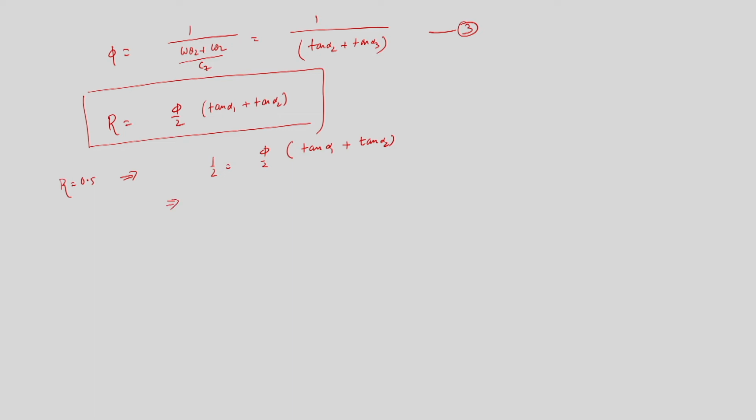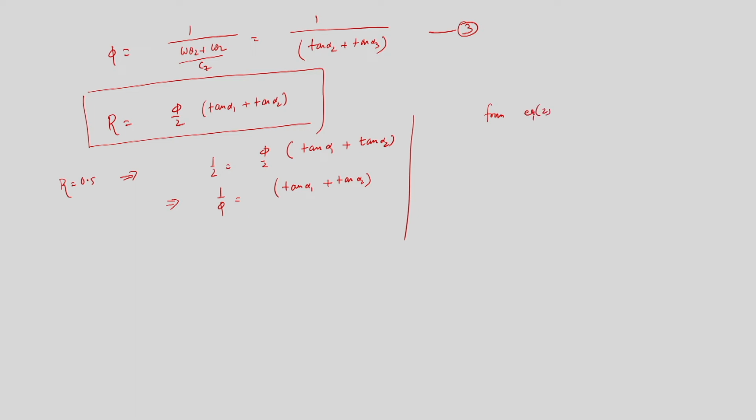Therefore, 1 by phi is equal to tan alpha 1 plus tan alpha 2. So for R equal to 0.5, 1 by phi is equal to tan alpha 1 plus tan alpha 2. This is equation 4.